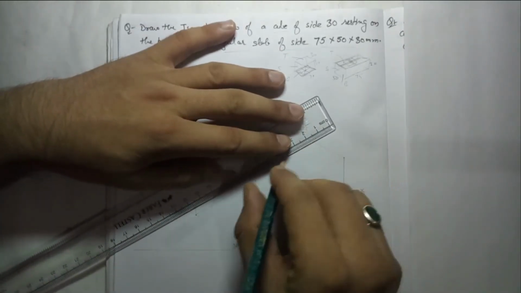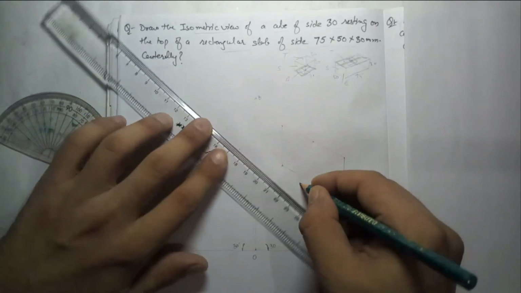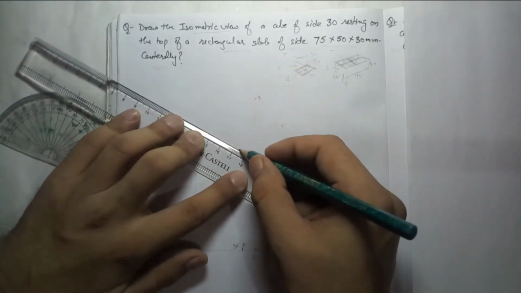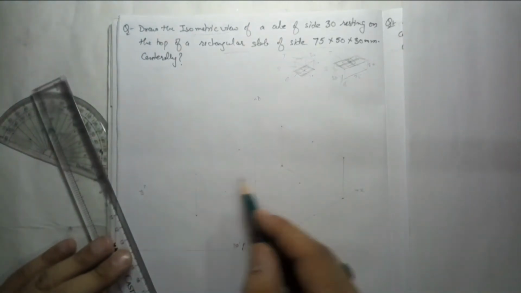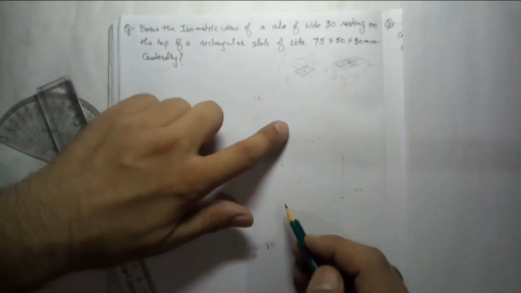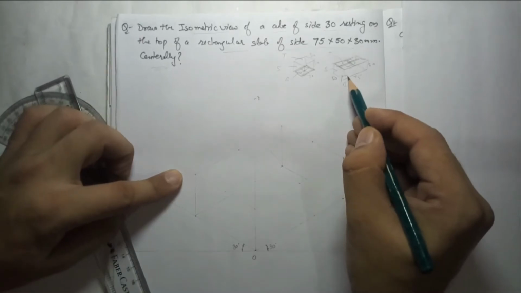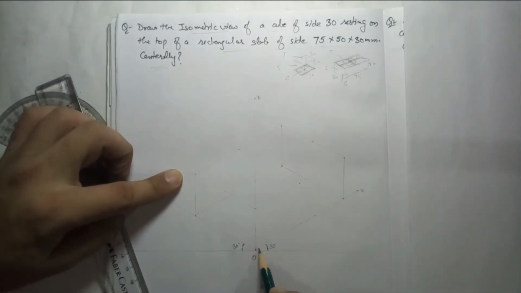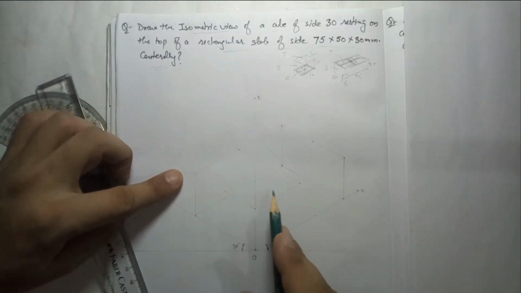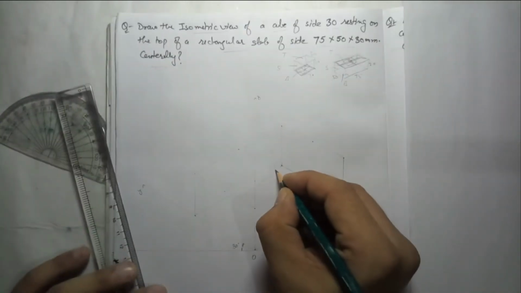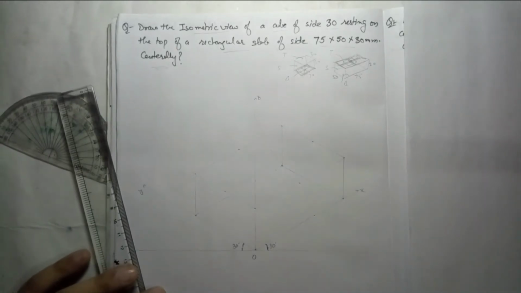Now we will join them. Do not find out the center by joining the corner points. You cannot find the center point by joining the corners of the rectangle, because a rectangle has 90 degrees, but here the angle is 120 between the two sides. So do not follow that method. Always find out the midpoints and join them. So I got this point as the center of the top of the rectangle.